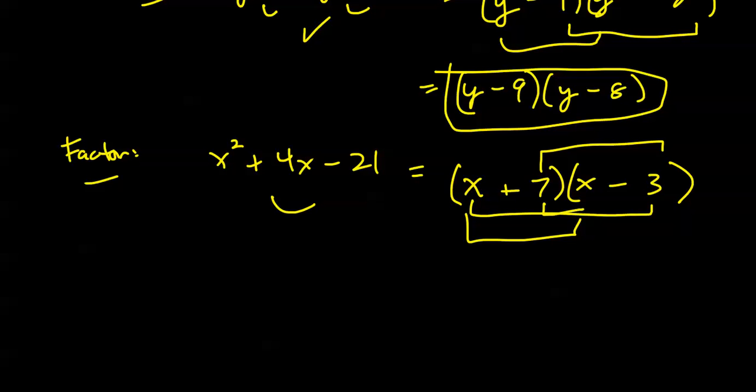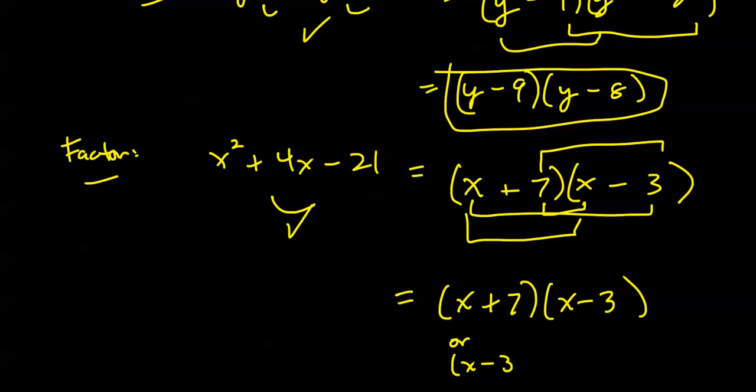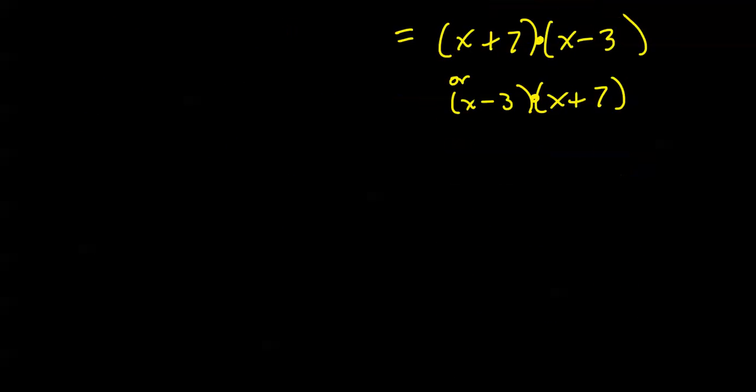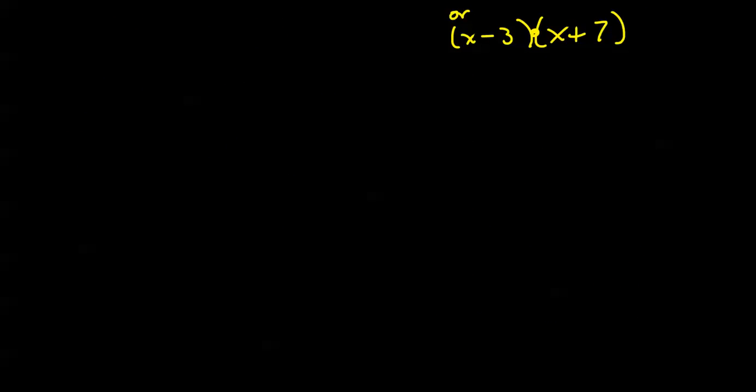The inner product is plus 7x, and indeed that adds up to 4x. So my final answer, x plus 7 times x minus 3, or of course x minus 3 times x plus 7. Okay. Multiplication is commutative, and on we go to the next one.